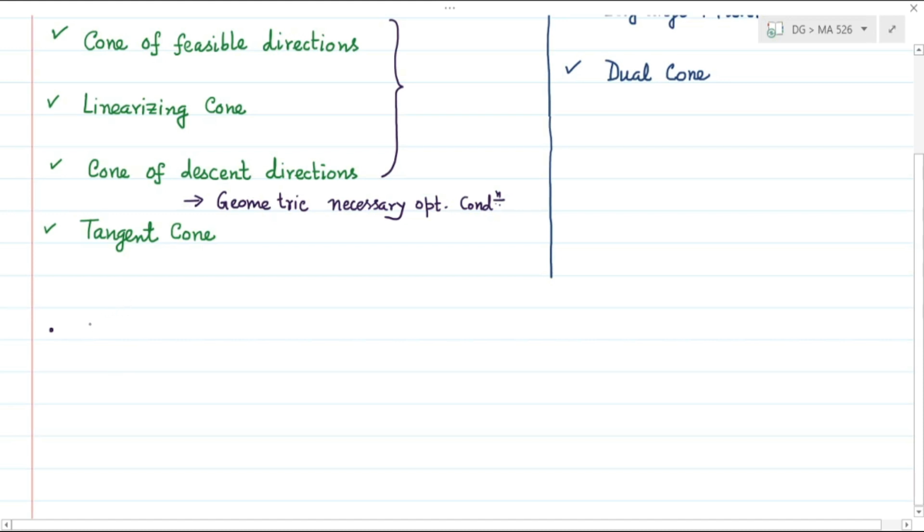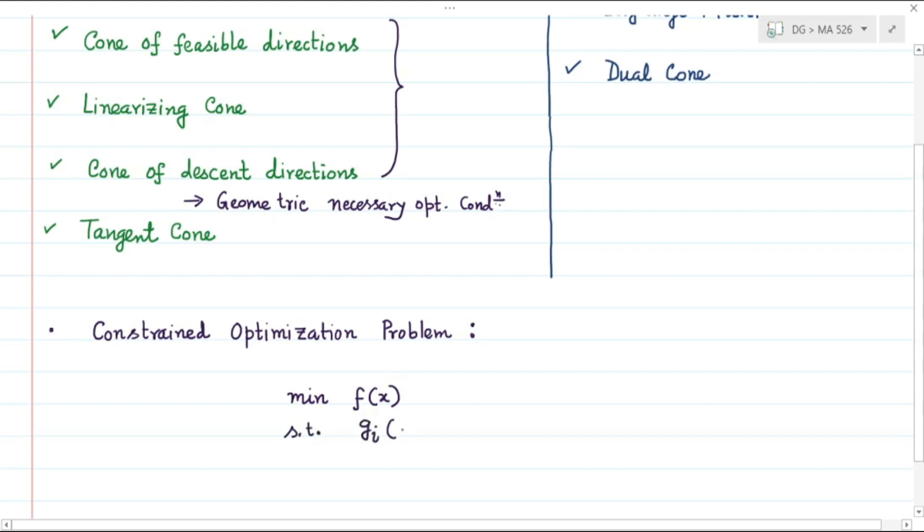By a constrained optimization problem, we mean the following problem, in which we have to minimize a function f subject to a set of inequality and equality constraints.